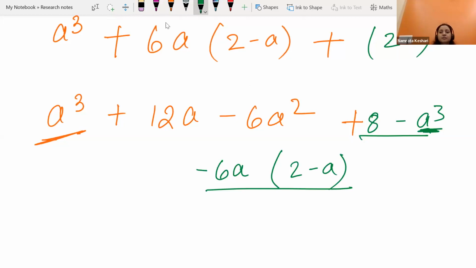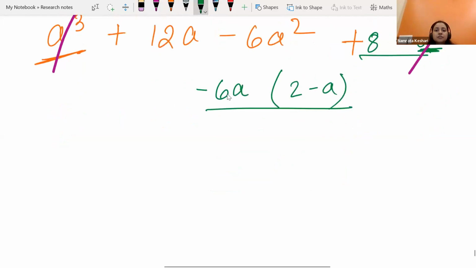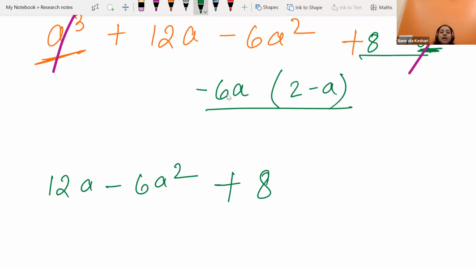Yes. A cube, we can see it is cancelling out. Yes or no? Yes, ma'am. We are left with 12A minus 6A square plus 8 is still there, minus 6 times 2, 12, minus 12A, and minus 6A minus A will be plus 6A square.